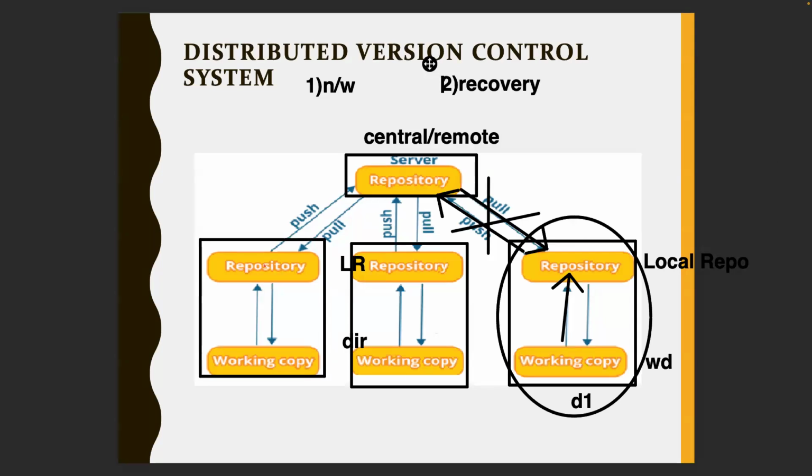Let's say something happened to the central server and it crashed. Chances of recovery are higher because everyone has a copy of the remote. So there are good chances of recovery if something goes wrong. That's how distributed version control systems eliminate the problems of centralized version control systems.